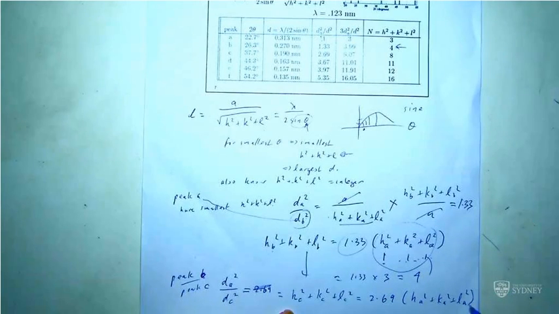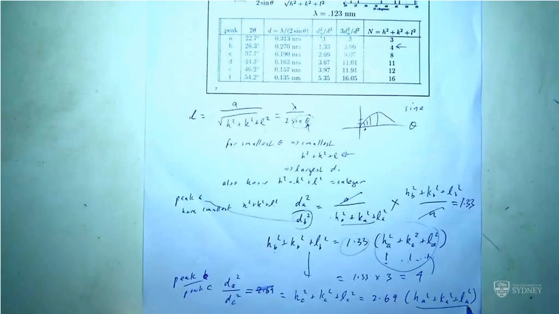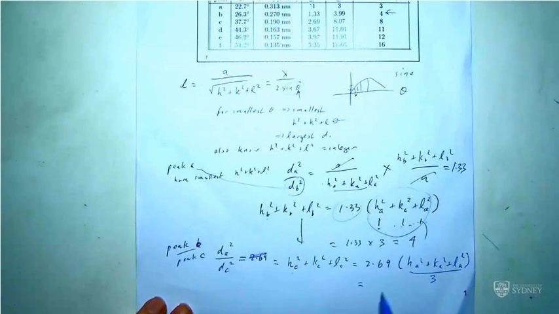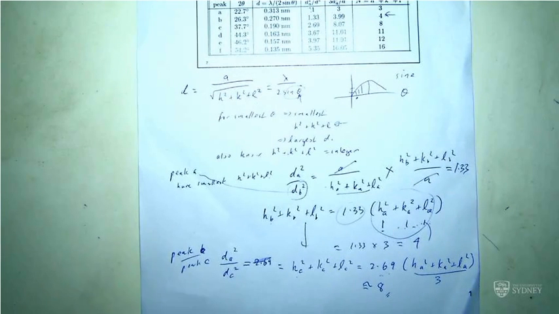Okay, so in this case we've already found that that should be 3. And so in that case for peak C, it has to be equal to 3 times that, which was about the 8 there. Okay, is that clear? I hope that's clear. I actually learned something, so that was good that you asked the question.